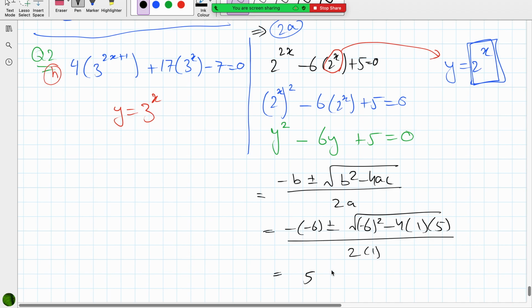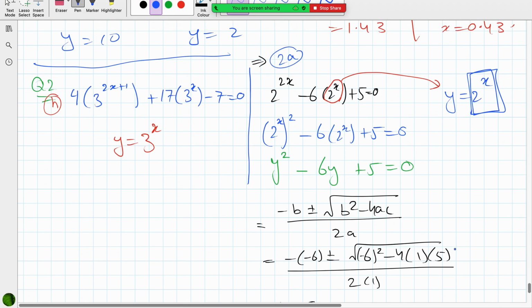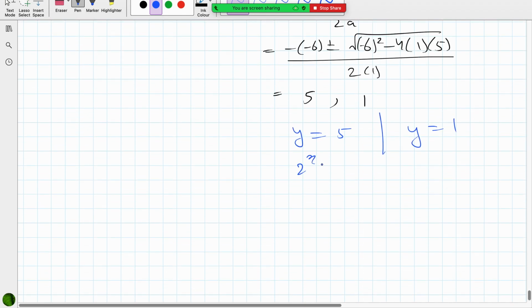5 and 1, there were factors 5 and the other factor is 1. So may I write y is equals to 5 and 1, and y was 2 raised to power x. 2 raised to power x is equals to 5, x is equals to log of 5 to base 2.